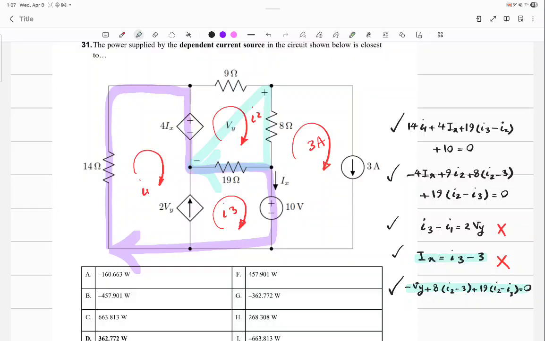See, I'm focusing on where IX is, not on where IX is being used. That voltage source is where IX is being used. Here is where IX is. That's where it can help me to write extra equations. The same for Vy. Done? Should I stop?